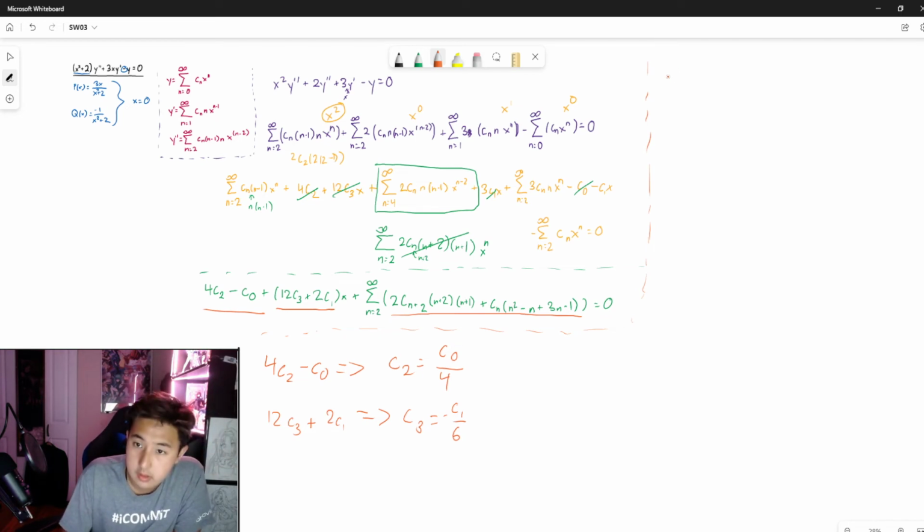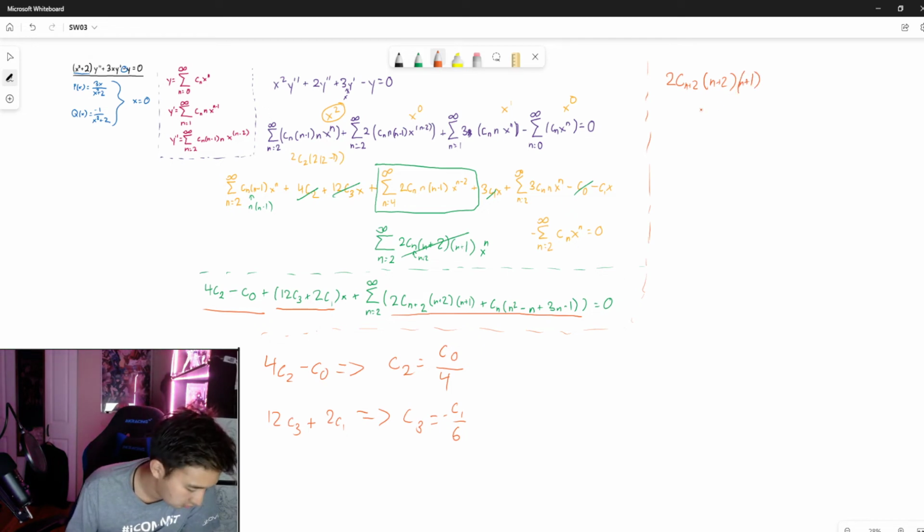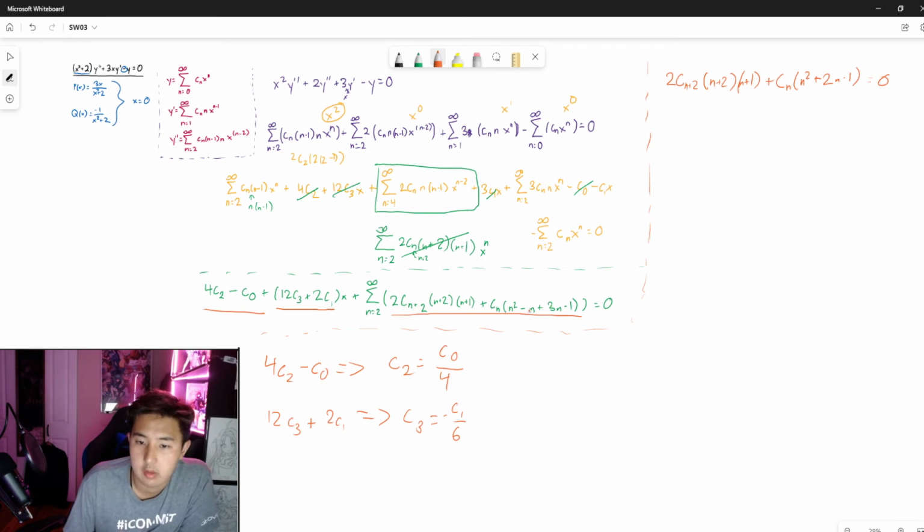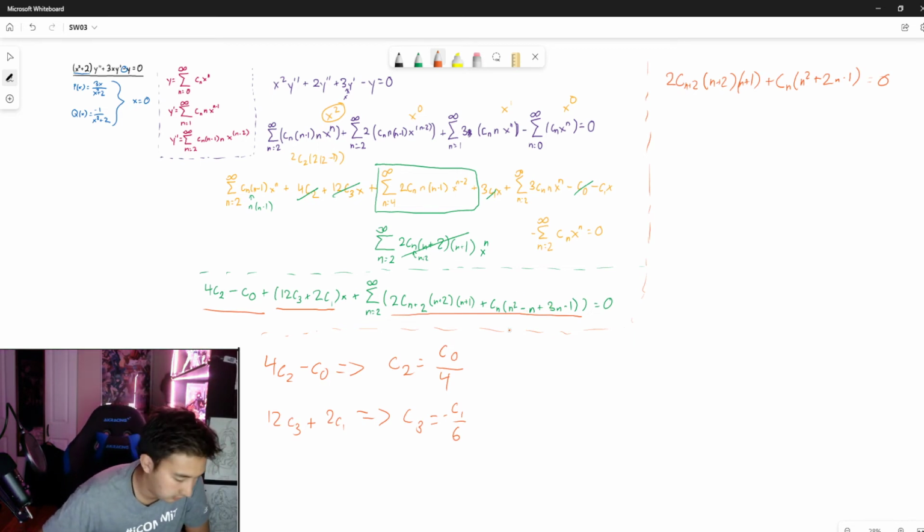We have 2cn plus 2 times n plus 2 plus cn times n squared plus 2n minus 1 equals 0. And the 2n comes from combining 3n minus n, so that makes it a bit simpler.